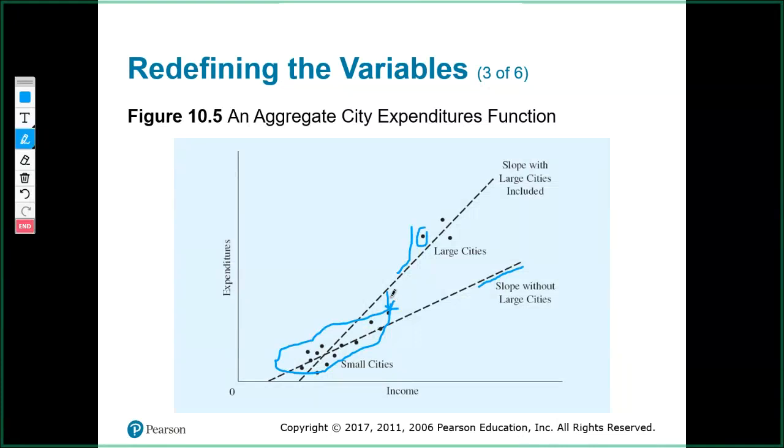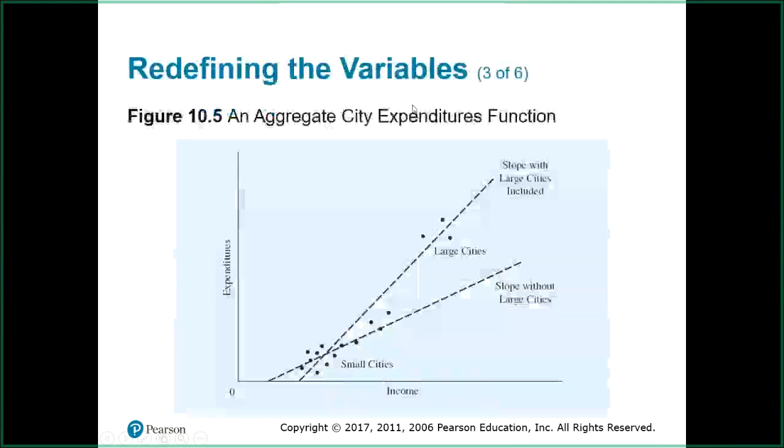A smarter thing to do here might be to include a dummy variable for whether the city is large or small and account for the fact that larger cities have this huge increase, in this case, in expenditures. So that might be how fixing functional form can help correct for heteroskedasticity a little bit.